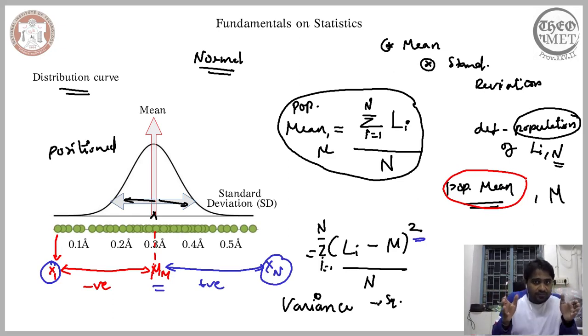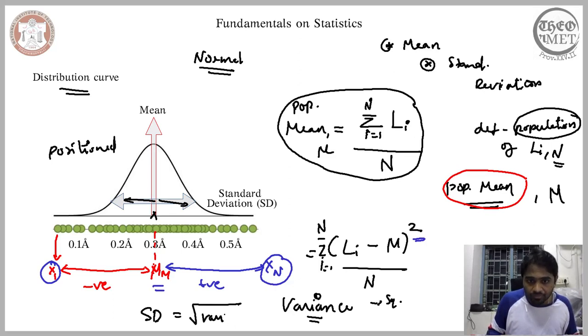Just the difference alone will give us the distance between the mean and a given lattice parameter. However, since we have to avoid the cancellation of the negative and the positive distances, we have squared it. So ultimately the output we get from this expression is the square of the distance, and that is what we refer to as the variance. And when I want to calculate the standard deviation from the variance, it will be the square root of the variance.